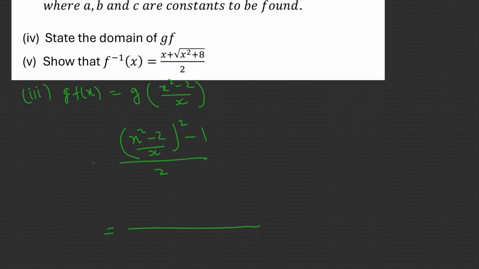So that is (x to the power 4 minus 4x squared plus 4) over x squared, minus 1 over 2. So that is (x to the power 4 minus 4x squared plus 4 minus x squared) over 2x squared.